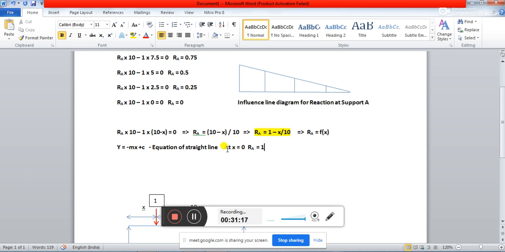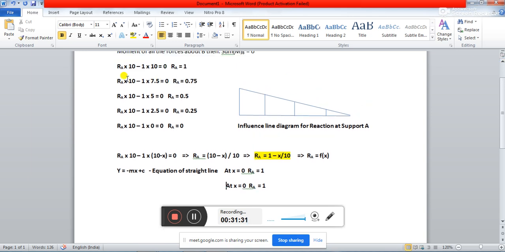Now if you put all these values at different points, you are going to get these values from this equation. I will just show you with the verification. We have calculated at a distance of 2.5 meter, and for this you have got ordinate 1. Now if I take x equal to 2.5, what will be the value of RA?